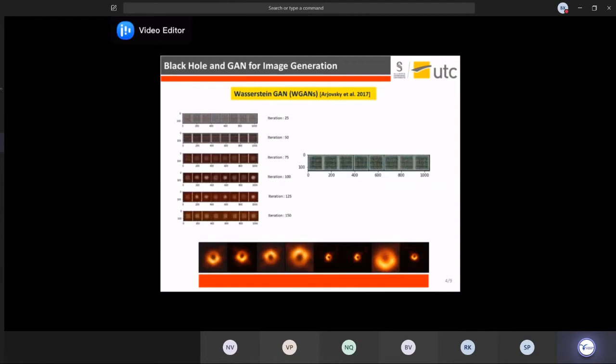Now we can see the results on the reconstructed image. For example, here, during some iteration, we can observe the black hole silhouette occur, but the quality is not good at all.